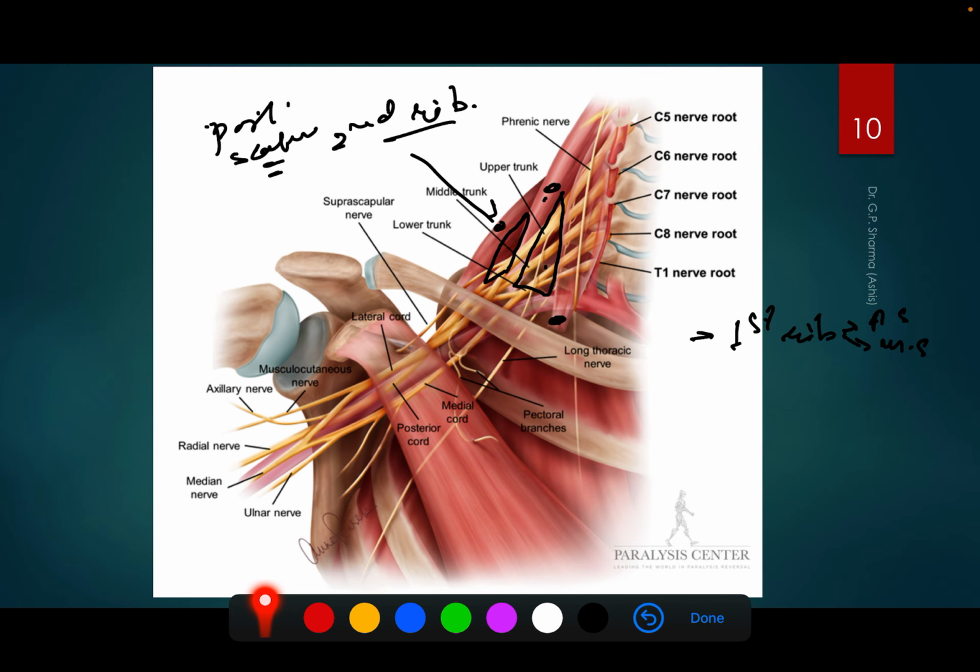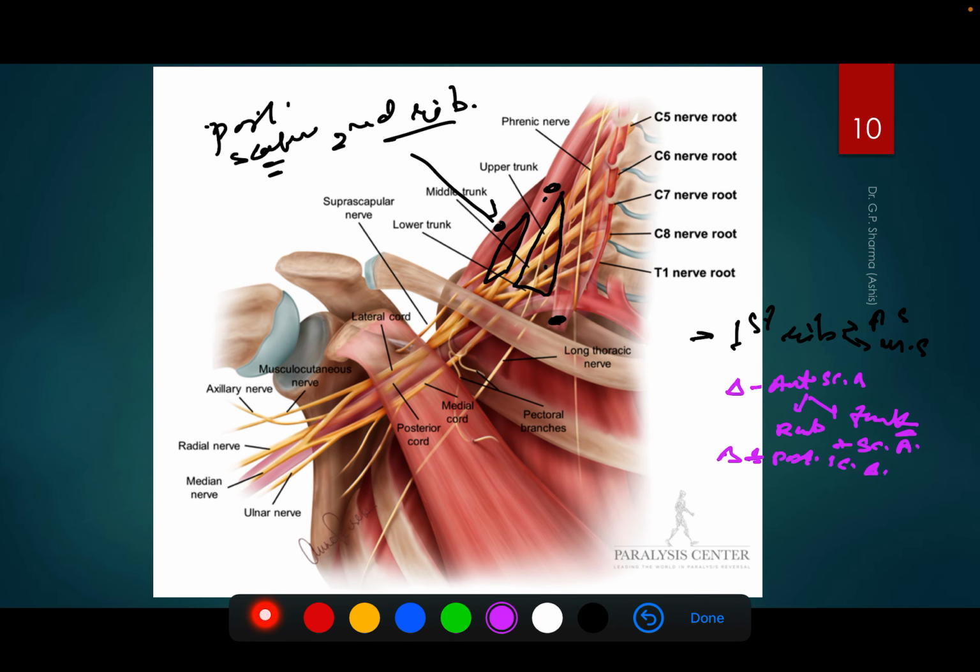So we see here the two triangles. One triangle is what? The anterior scalene triangle. This anterior scalene triangle contains what? The roots and the trunks, and it also contains the subclavian artery. Okay, and the other one we have here is the posterior scalene triangle.